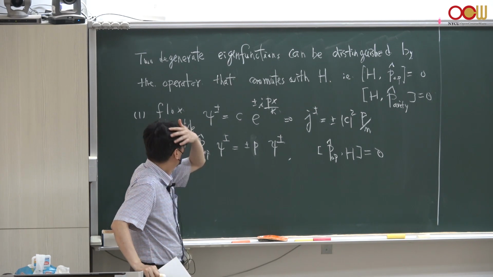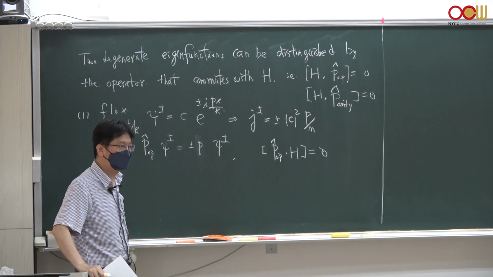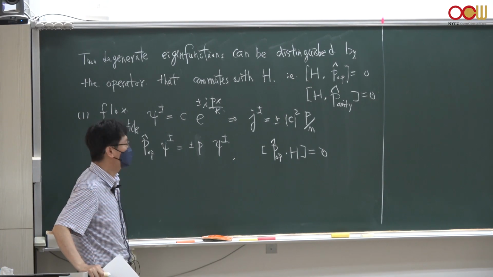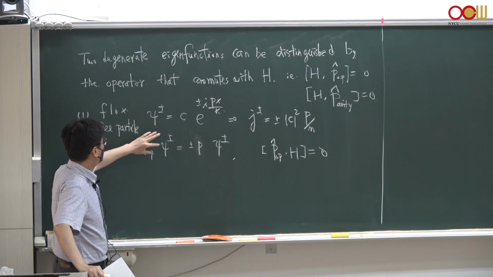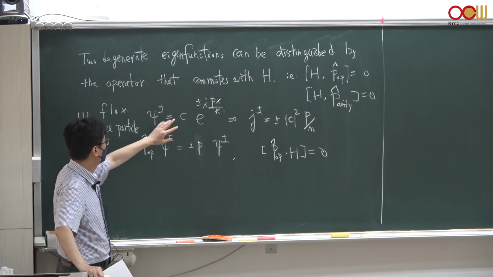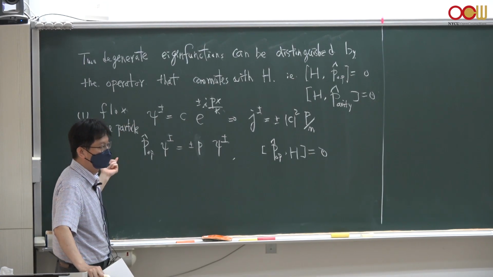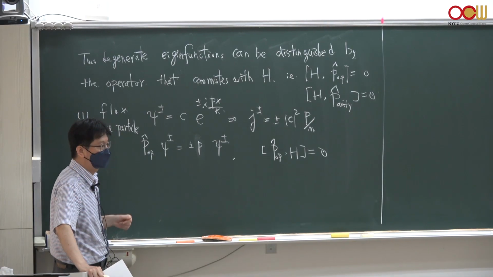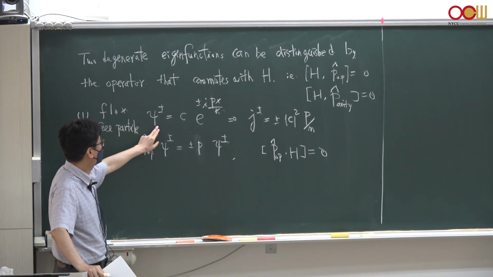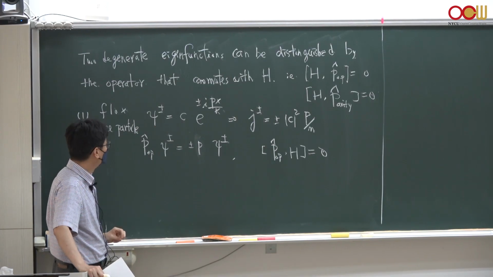Last time we mentioned that there are degenerate eigenstates in quantum mechanics. For example, the free particle. You know that there are two degenerate eigenstates describing the particle moving to the right and also to the left. So they are described by this psi plus minus plane wave as their eigenstates.